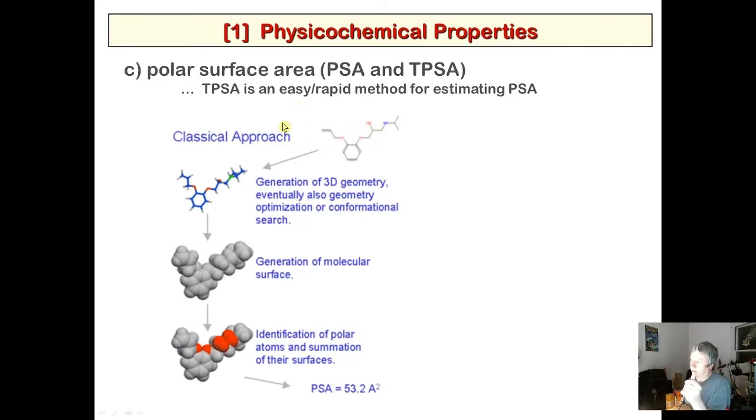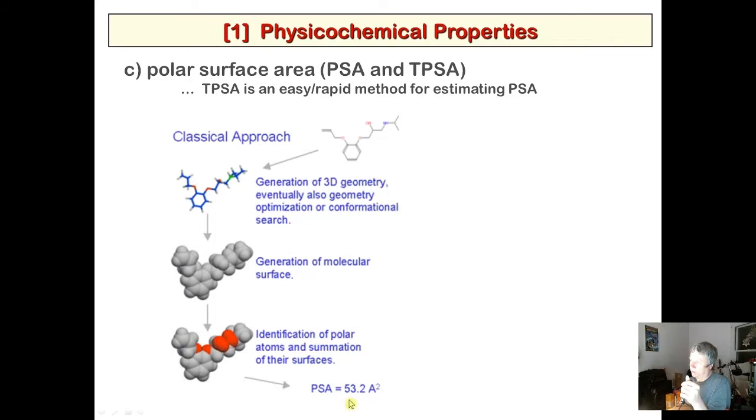To calculate PSA usually requires us to convert a 2D structure into a three-dimensional structure, determine a three-dimensional molecular surface, and then look for the polar atoms. Then it does the calculation: 53 square angstroms.